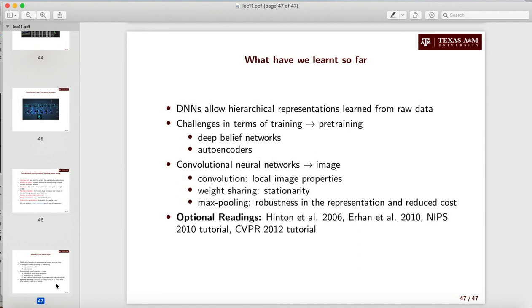One is the convolution operation, meaning that local image properties actually matter in order to understand the content of an image. The next property is stationarity, meaning that pixels within a neighborhood of an image tend to have similar distributions, and this is being taken into account through weight sharing.